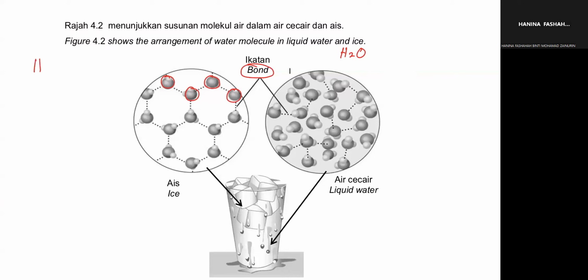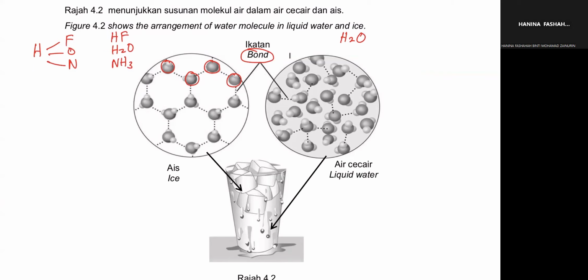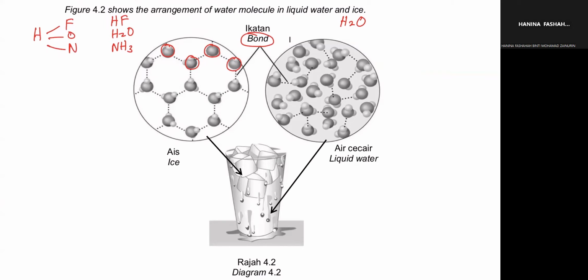A hydrogen bond can involve O or N. So whenever you see, for example, HF, H2O, or sometimes ammonia, they can have hydrogen bonds. Inside this they have covalent bonds, but one molecule with another molecule has a hydrogen bond.